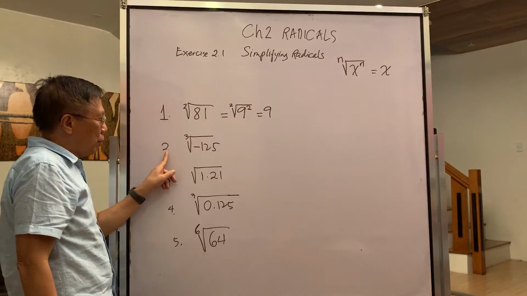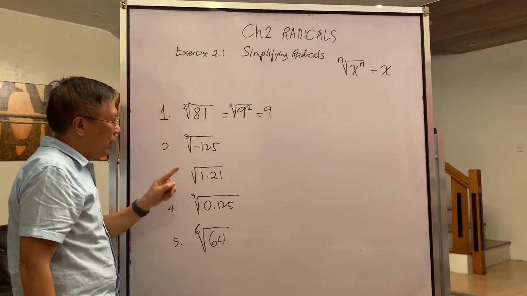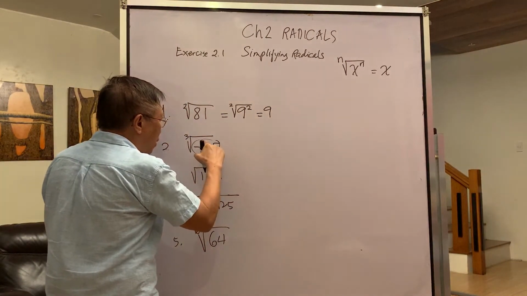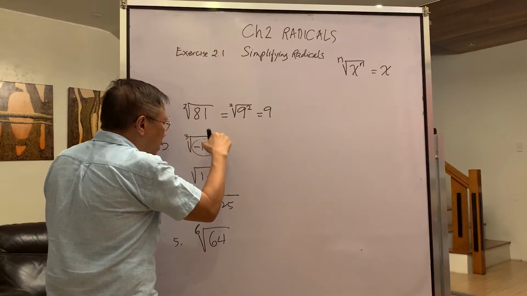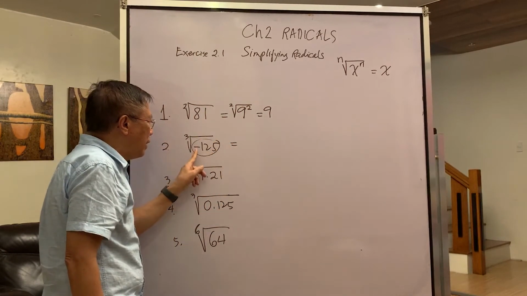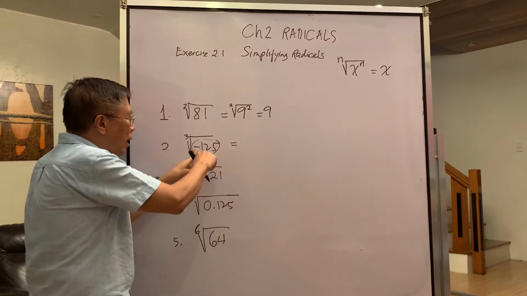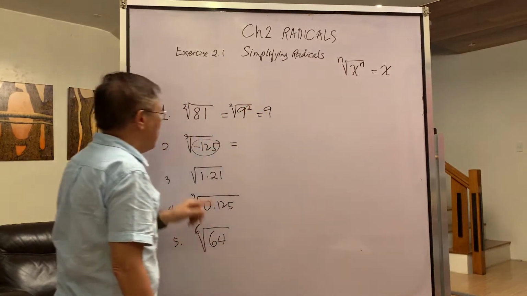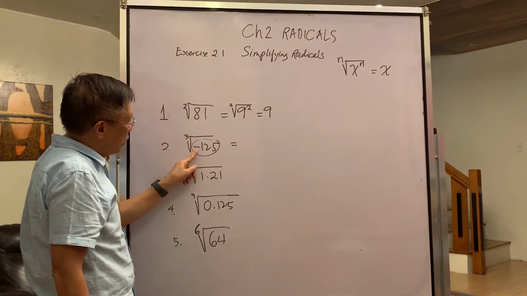Let's take a look at number 2. The index here is 3. So, we need to write this as an exponent 3 here inside. Okay, note that also this radicand is negative. We can allow this to be negative here provided n there is an odd number. And 3 here is an odd number.